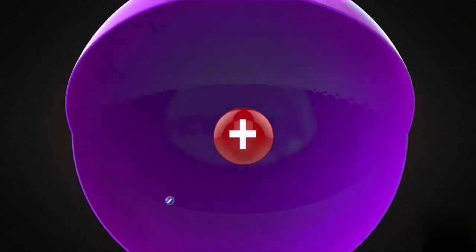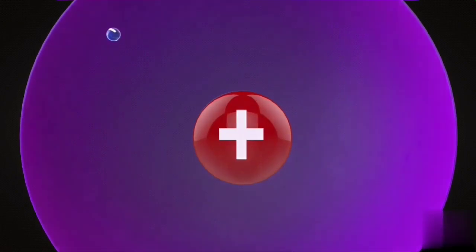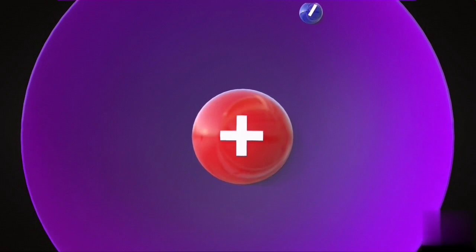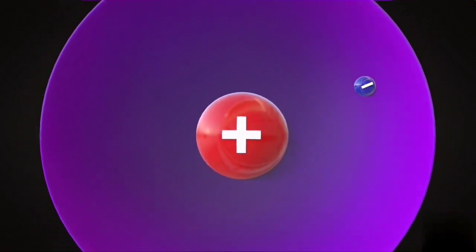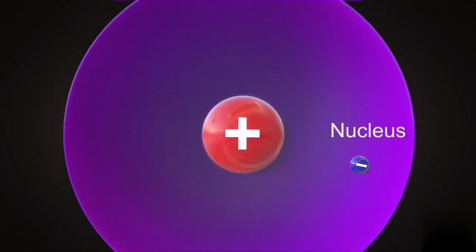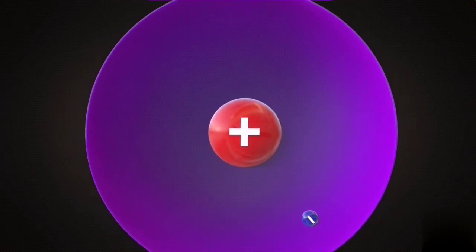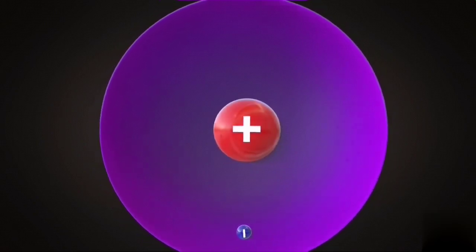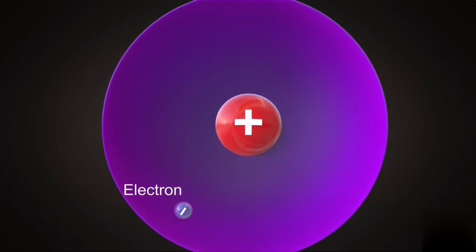According to Rutherford's nuclear model, there is a positively charged center in an atom called the nucleus. Nearly all the mass of an atom resides in the nucleus. It also suggested that the electrons of the atom revolve around the nucleus in a circular path.